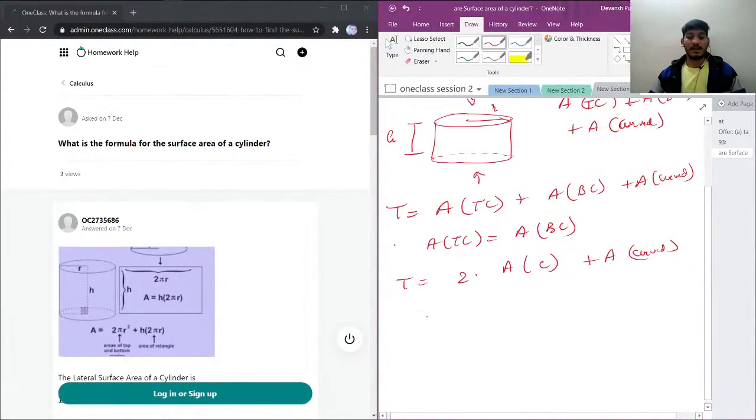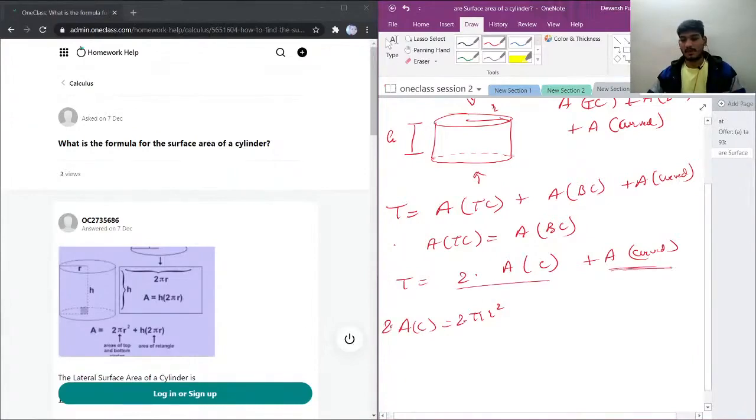Now the area of a circle is basically pi r square, so we'll just multiply this with 2 to get this term.